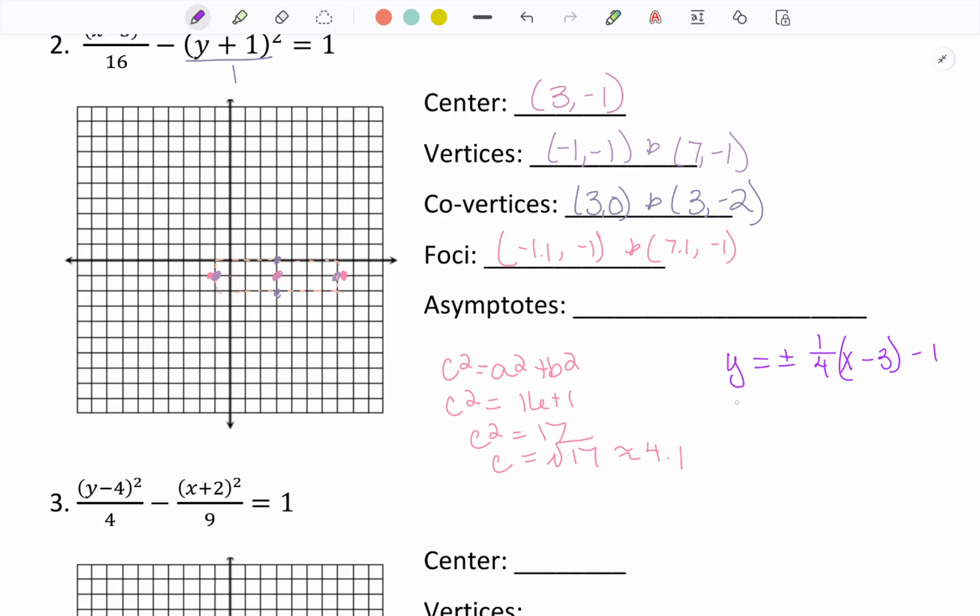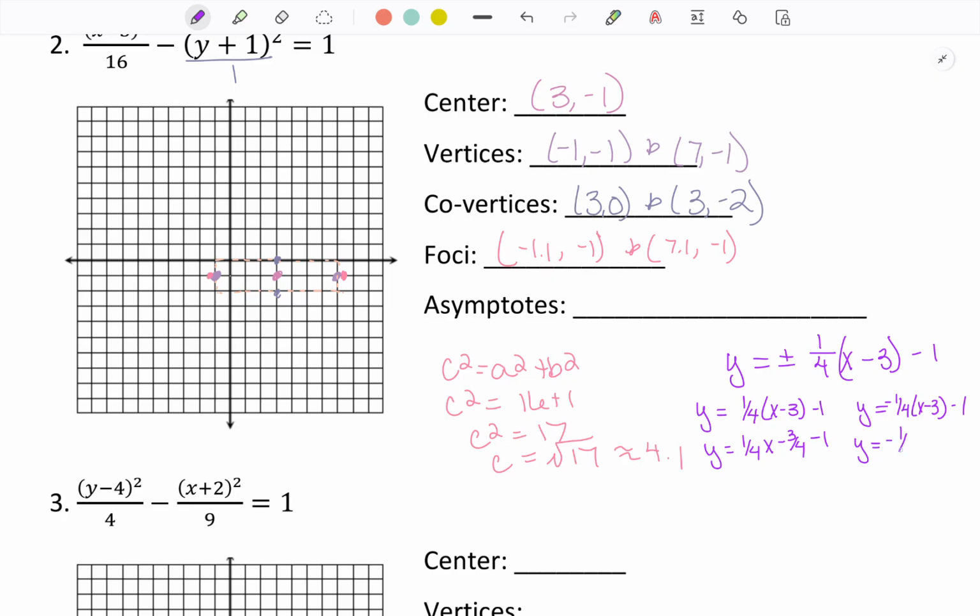So then we are going to distribute. So y equals plus or minus, actually it's probably going to be best to just split this up. So y equals 1/4, x minus 3 minus 1, y equals negative 1/4, x minus 3 minus 1. So we have y equals 1/4 x minus 3 over 4, and then minus 1.